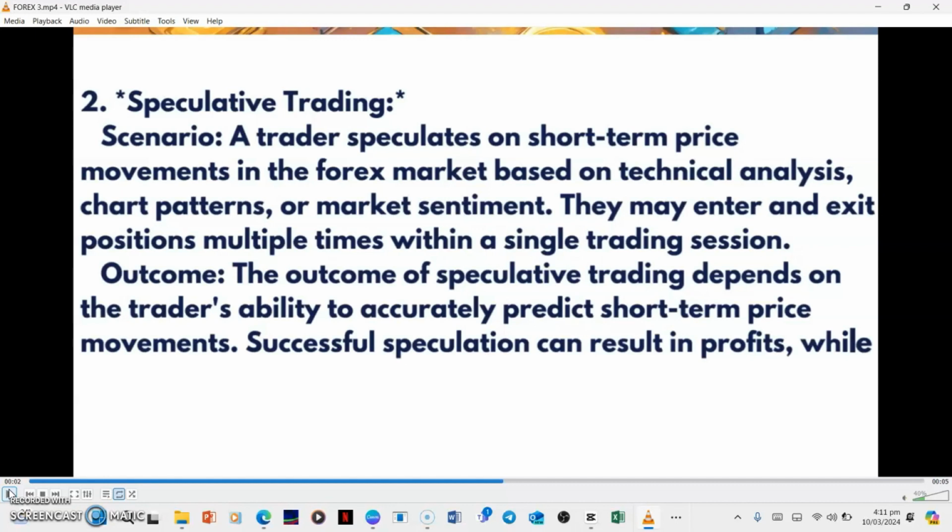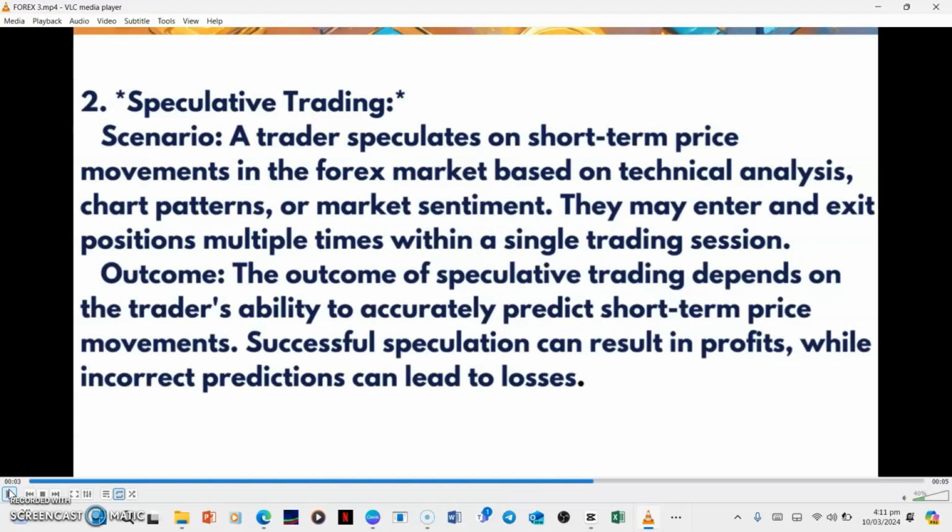Mostly this one depends on the trader's ability to accurately predict short-term price movements. Successful speculation can result in profits, while incorrect predictions can lead to losses. So this is the second scenario of Forex. Let's look at the third one.